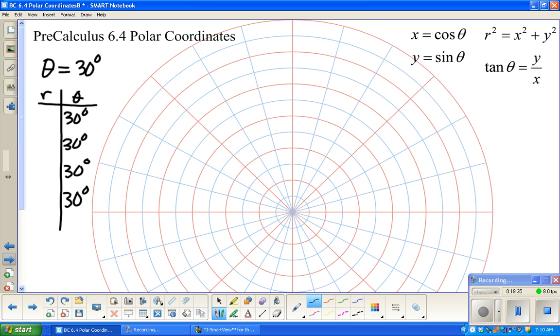When we do this in rectangular, it's either a horizontal or vertical line. x equals something is vertical, y equals some number is horizontal. So r could be 1, 2, 3, -5, -10. So we'll find the 30-degree line. Here's 1, 30. Here's 2, 30. Here's 3, 30. Well, -5, 30. Let's see, 1, 2, 3, 4, 5 would be somewhere around here. And again, I'm numbering this 1, 2, 3, 4. So this is actually a line going through the pole.